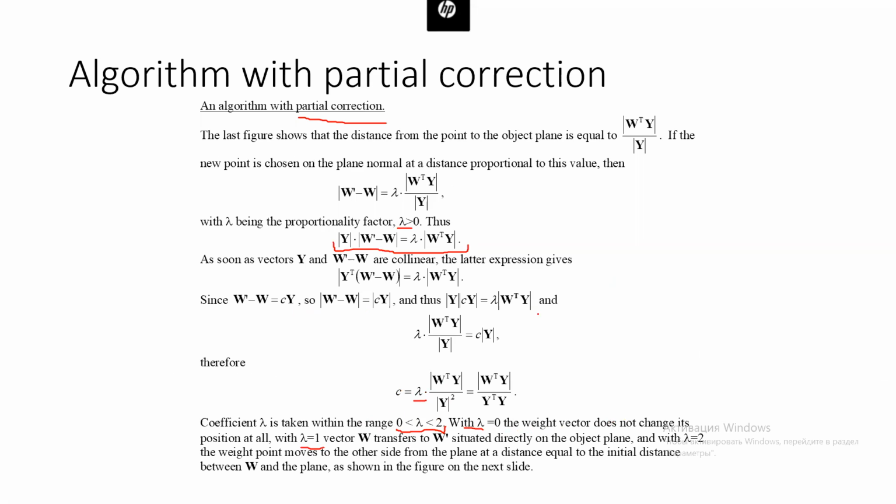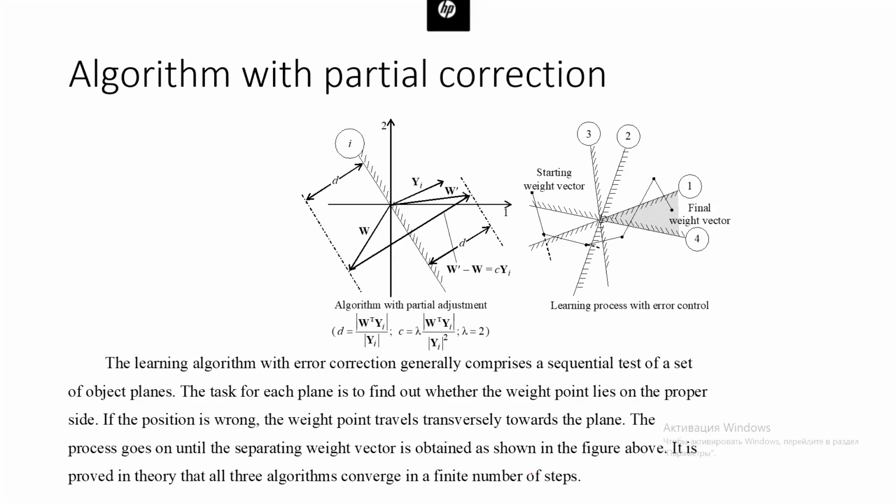And when it's equal to 2, the weight point moves to the other side of the plane at a distance equal to the initial distance between W and the plane, as shown here. So this is the situation when our value is equal to 2.